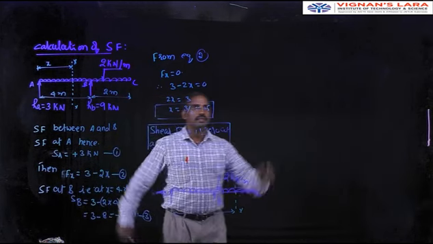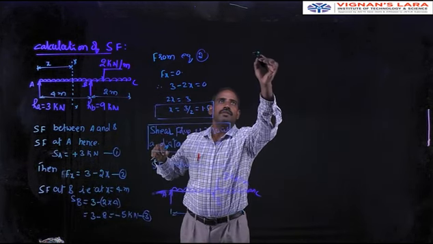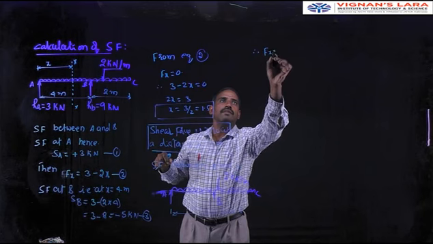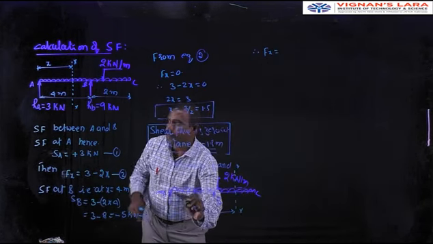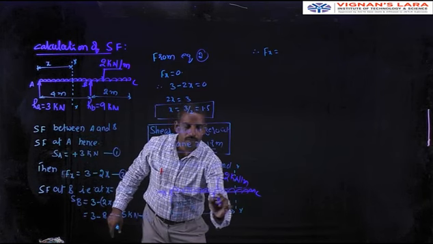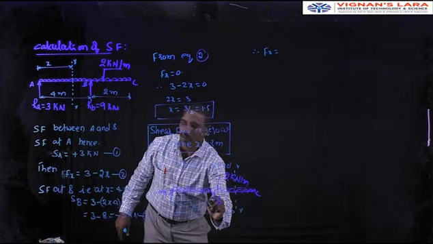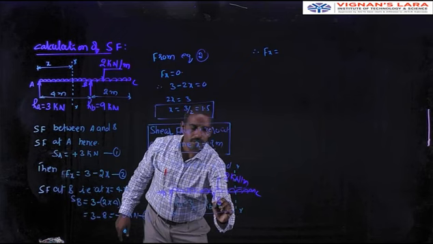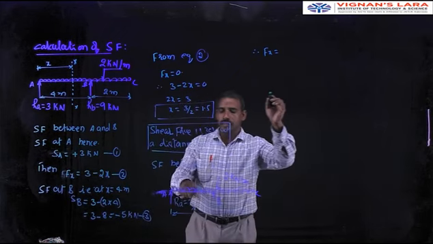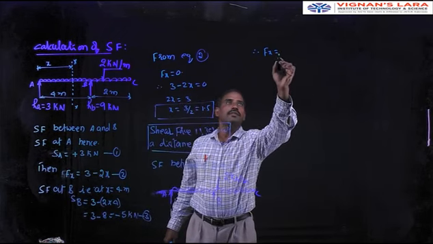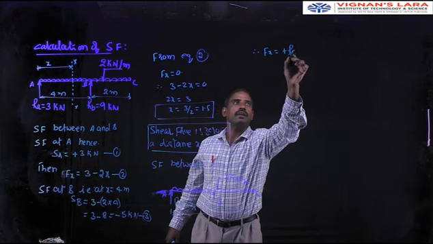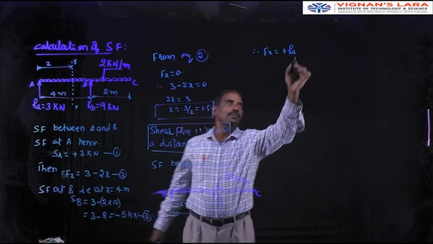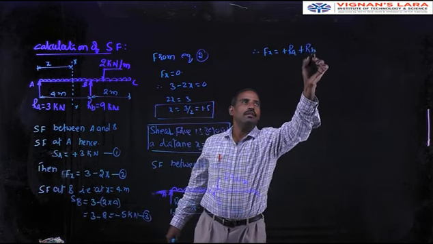Then formulate the equation. Shear force Fx is equal to... What about the magnitude at A? RA is equal to 3. What about the magnitude at B? RB is equal to 9. The shear force at A is positive, that is RA, and at B is also positive, RB.